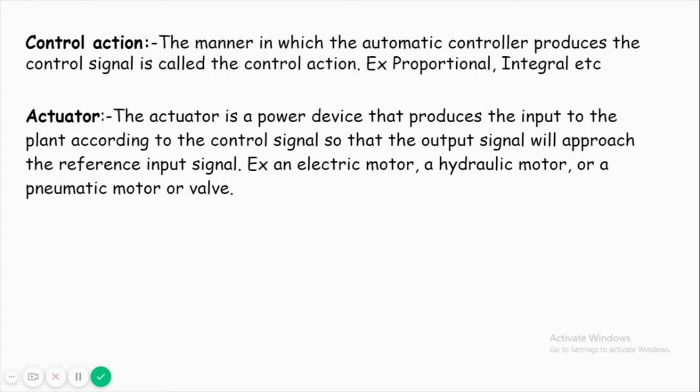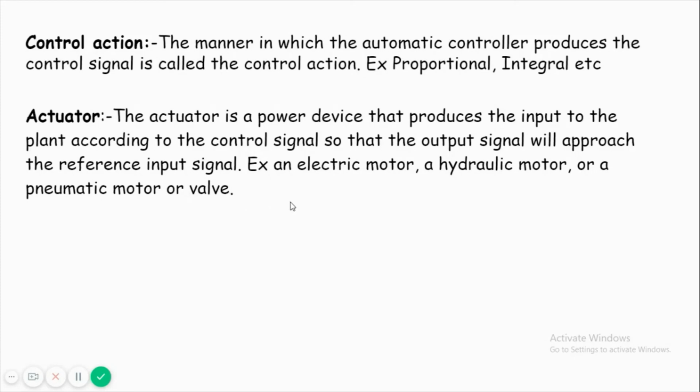Generally in industries, the control signal is a low power signal, so this cannot be given directly to the plant so that output can be achieved. In that case, the actuator is used.